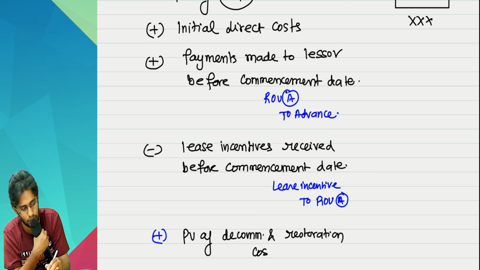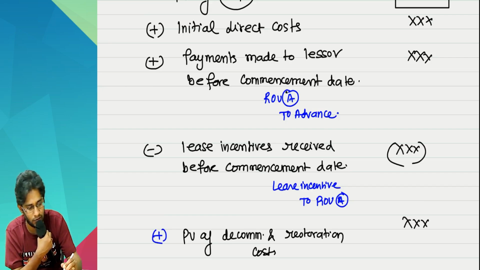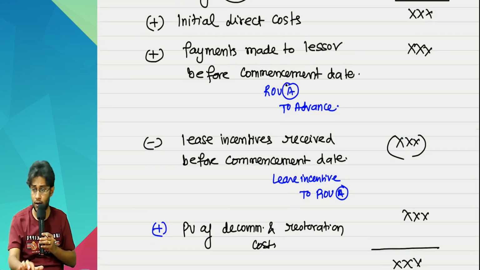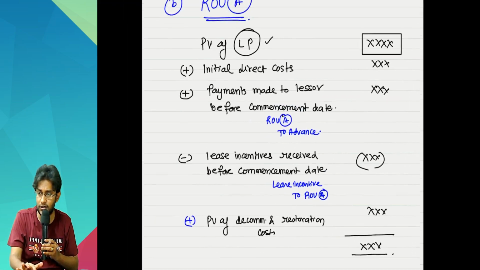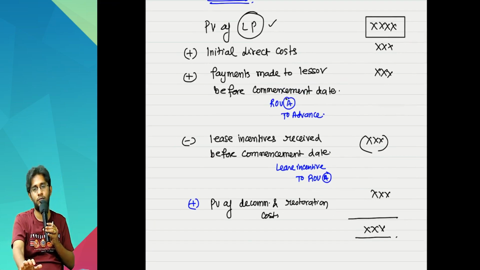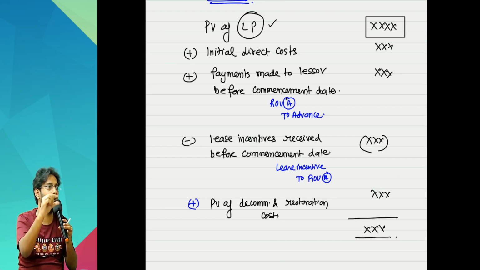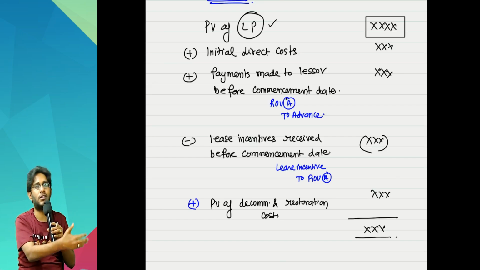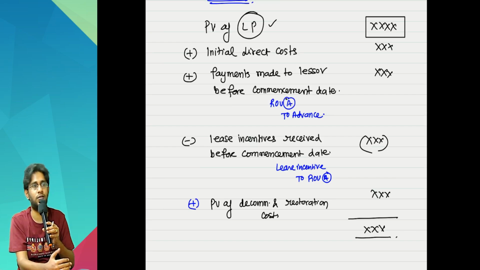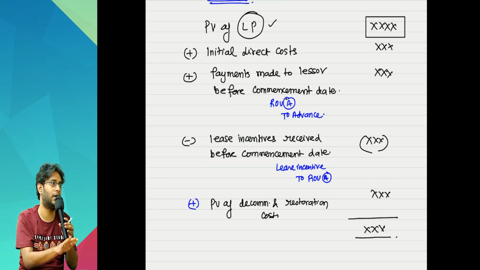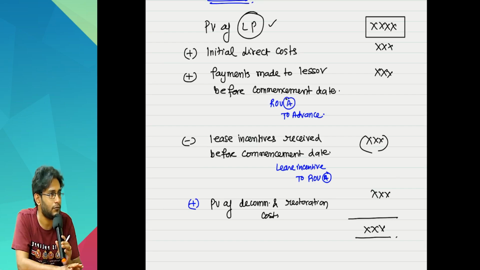So this number will become your ROU asset. If all these adjustments are not there, then ROU asset and lease liability both will appear at the same amount. But if all this drama is there, then the ROU asset number will be different, the lease liability number will be different. Sir, till here is it clear?